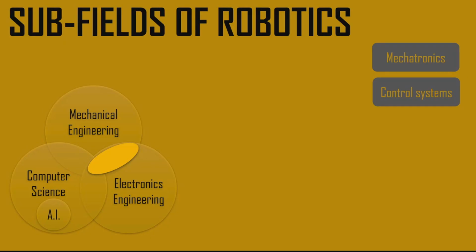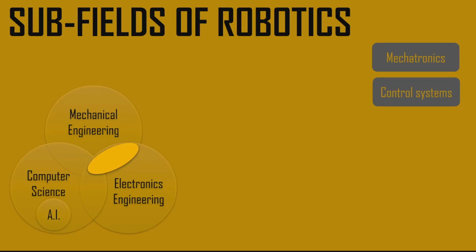Now it gets complicated in the sense that there are fields at the intersection of mechanical engineering and electronics engineering. There are fields at the intersection of electronics and computer science, and also at the intersection of computer science and mechanical engineering. So we'll talk about each of these intersections one by one.